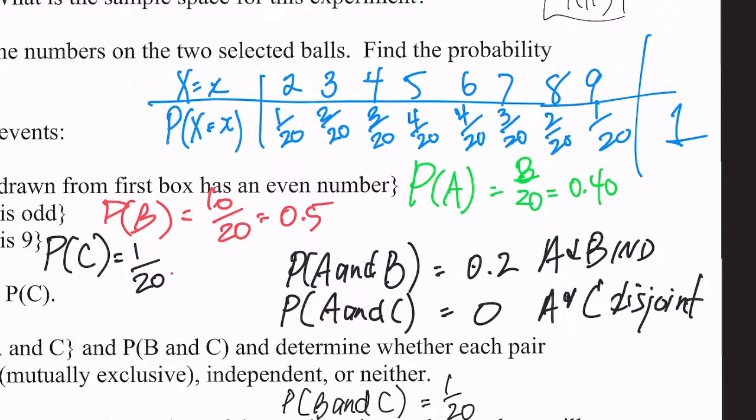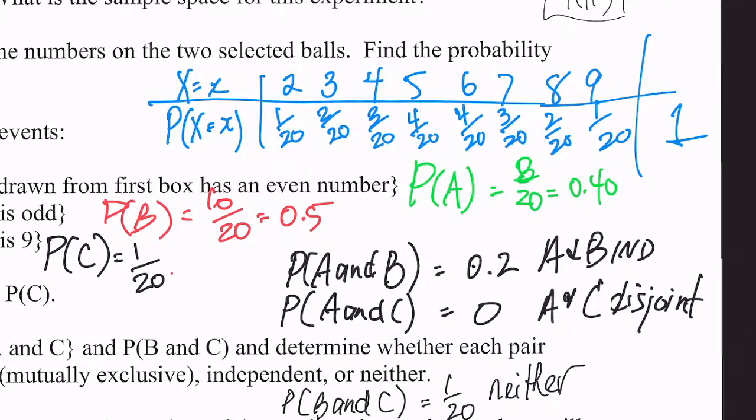So are B and C independent? They're not disjoint because there is an intersection, so they do overlap. But the question is, are they independent? How do I check? So I can do the same thing I did... They're not independent. This is neither. Why?